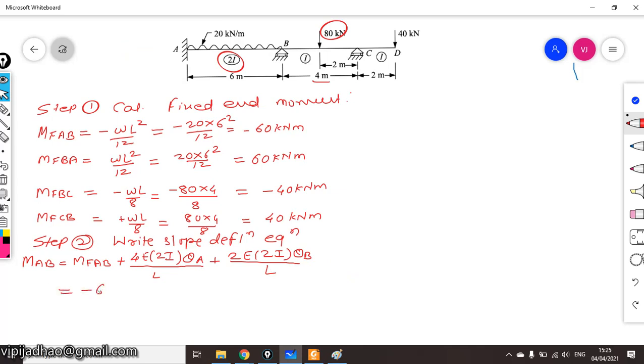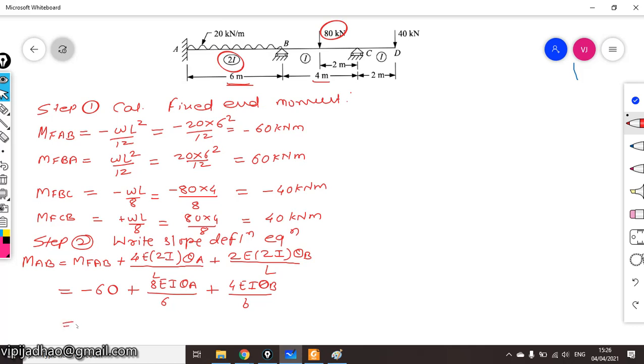We have MFAB equal to minus 60 plus 4EI, this will be 8EI, 2 into 4, that is 8EI theta A divided by L. L is 6 meter for this span AB, plus 4EI theta B divided by 6 again.